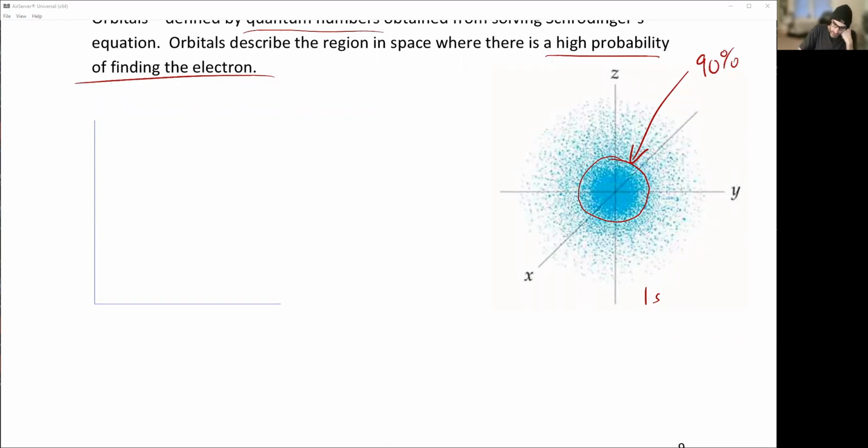is you have the probability of finding an electron, and you have the distance from the nucleus. So right here, there would be 0 distance from the nucleus. We would be right there in the center. So if that's the distance from the nucleus, our graph for the 1s might look like this.